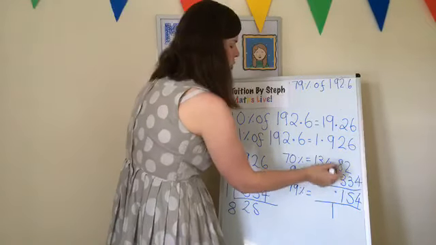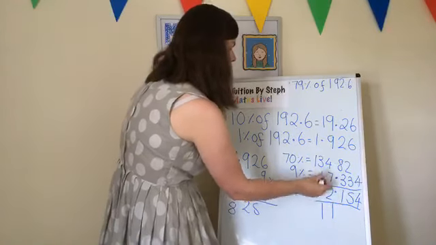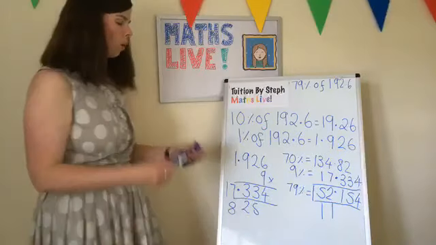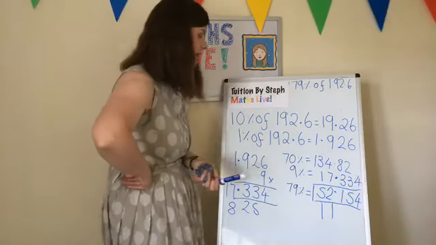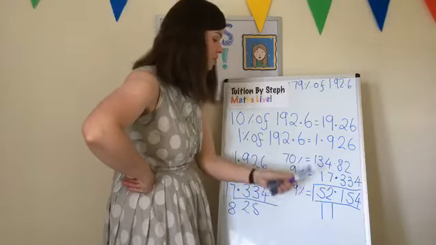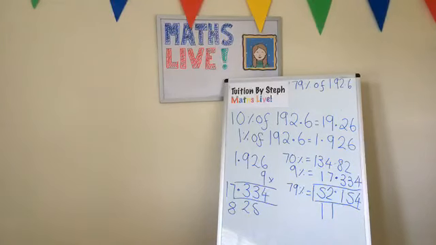So 4 plus 7 is 11, so that's 12. 1 plus 3 is 4, plus that's 5. Oh, there we go. So 79% of 192.6 is 152.154.